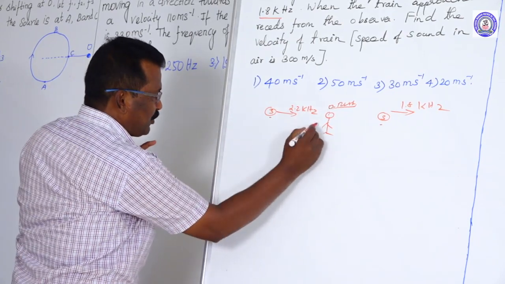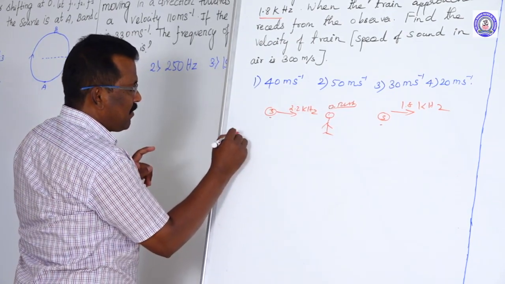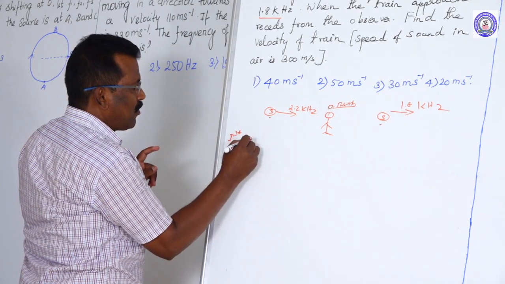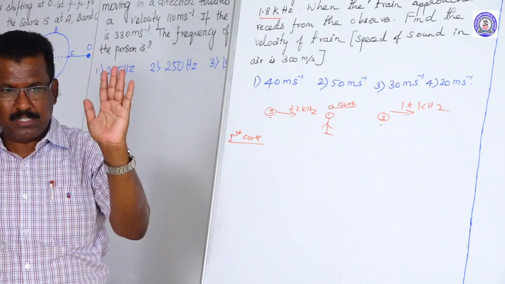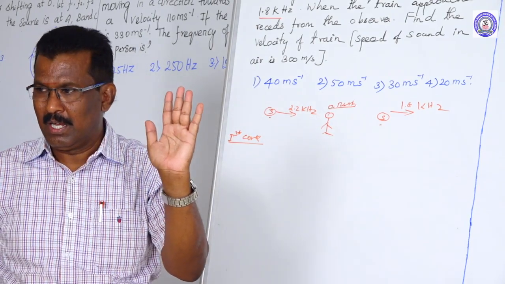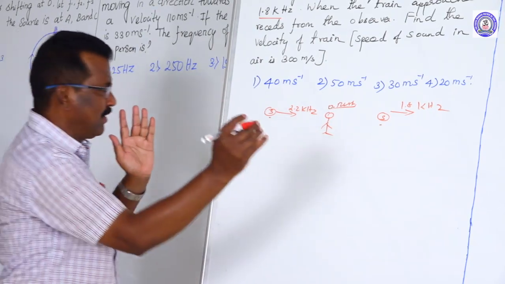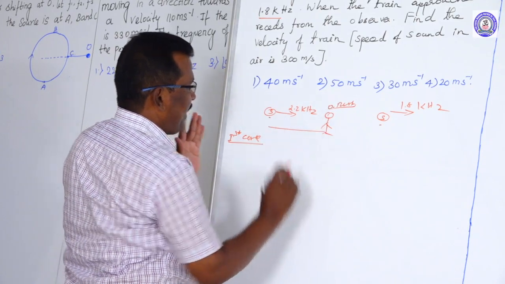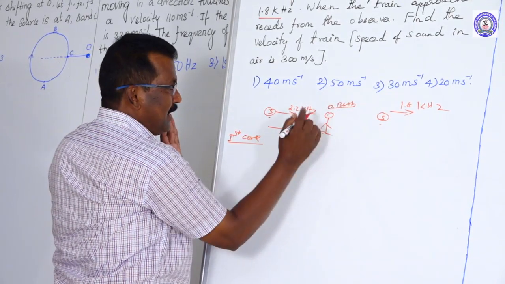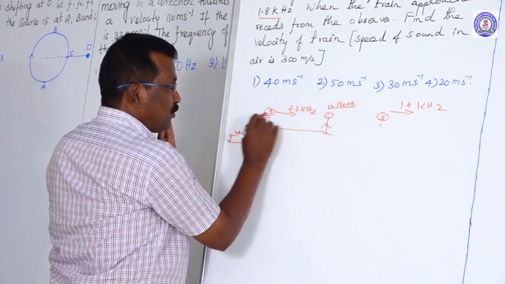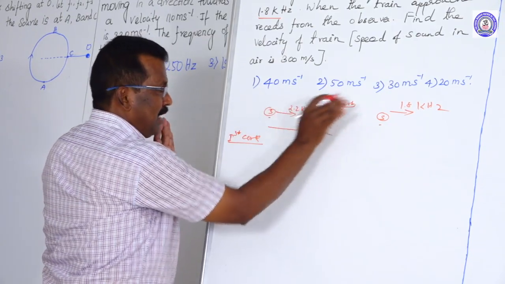See, in the first case, remember our trick: the source is always on the left, the observer always on the right. So in this situation it is satisfied. The source is on the left, the observer at rest on the right-hand side, and the source is moving towards the observer.